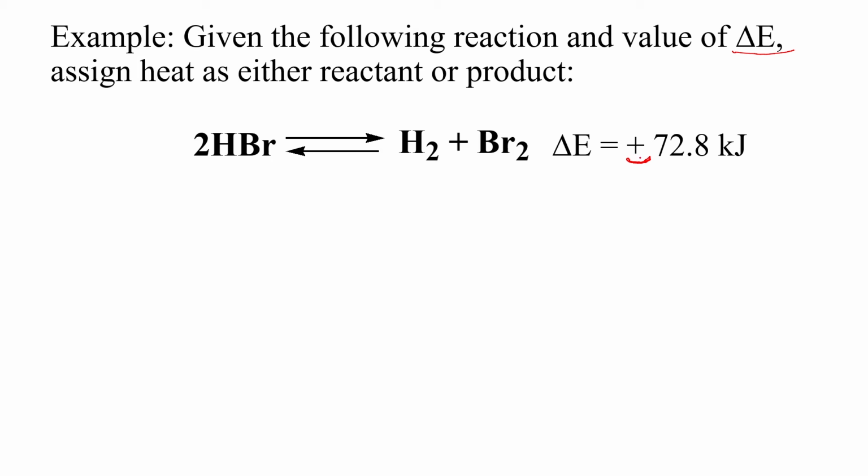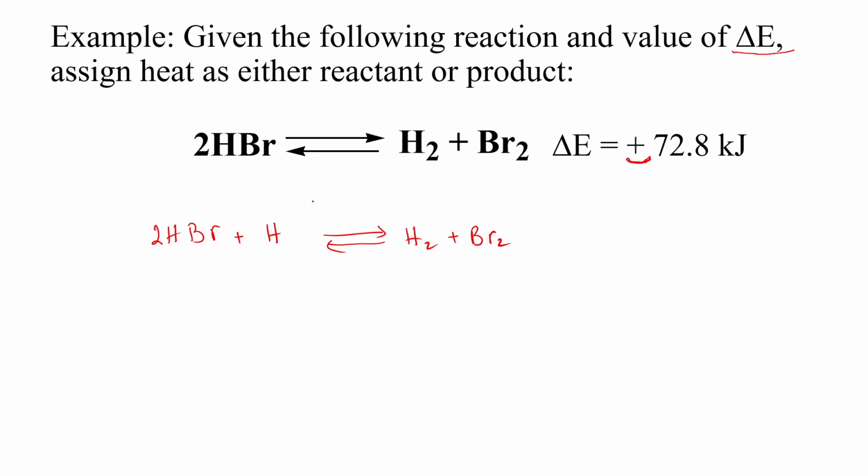Now, the positive sign means this energy is being absorbed in the reaction. And if it is being absorbed, it is an endothermic reaction and heat is a reactant of the reaction. So if we have to assign this heat energy as a reactant or product, it will be here on the reactant side. I'll just say heat instead of writing numbers.